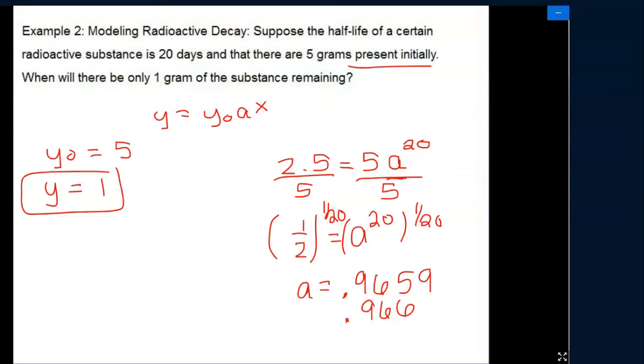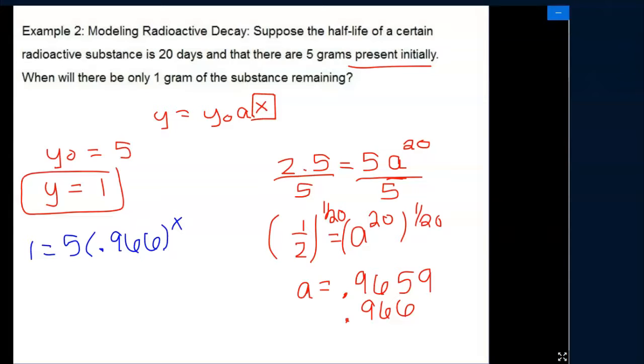Now we're going to go back and solve for x now that we know a. So we have 1 equals 5.966 to the x. Obviously we need a calculator.